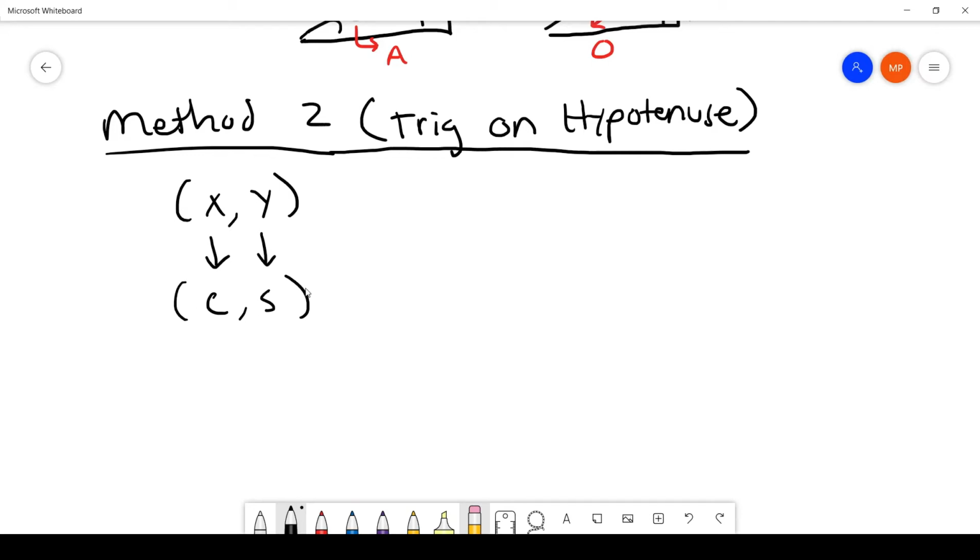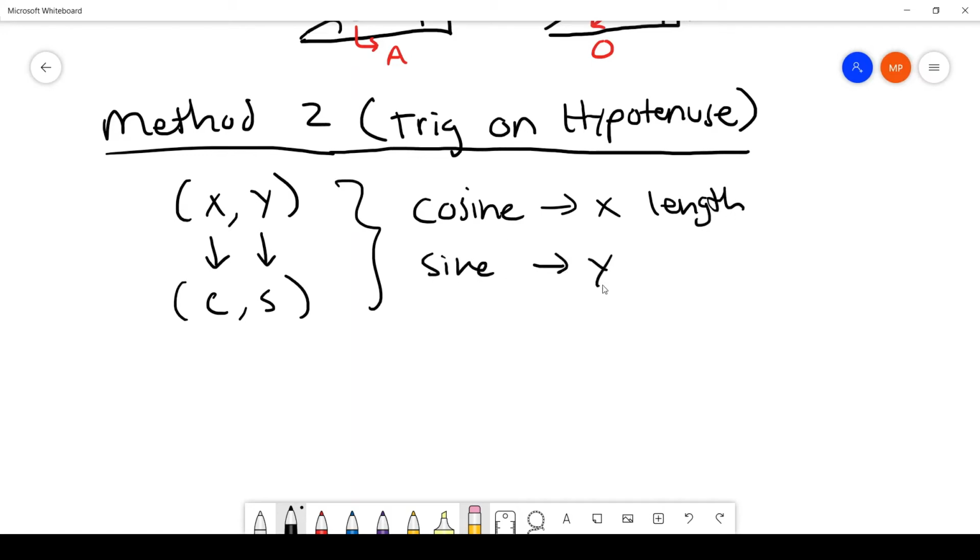And so from this, what we're getting at here is that cosine relates to the x length, and sine relates to the y length.